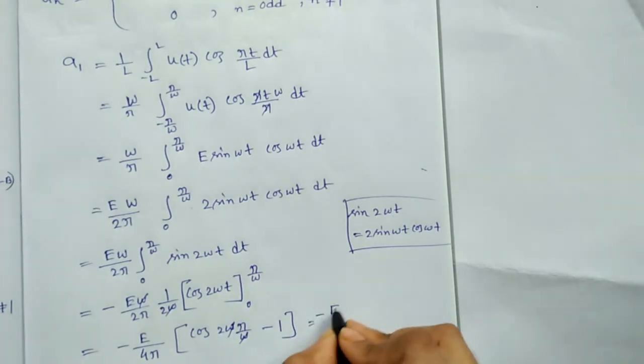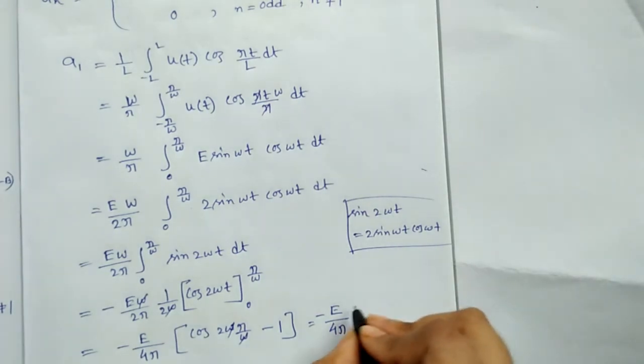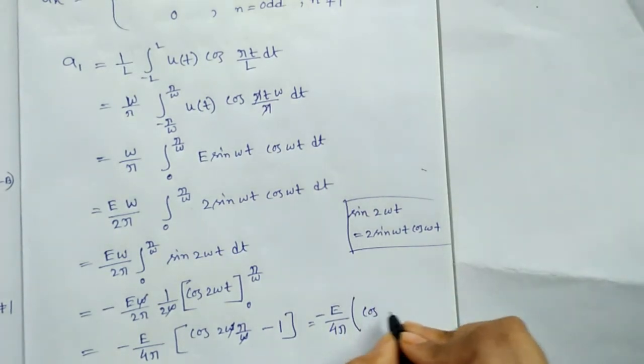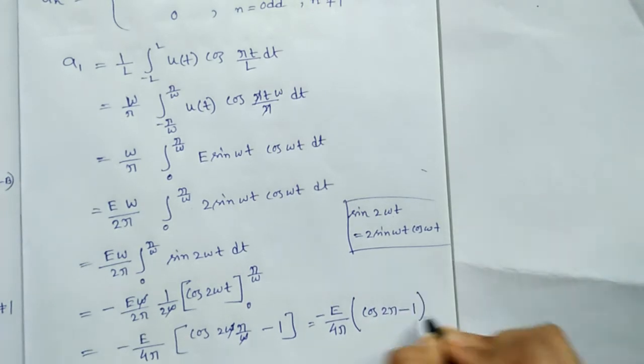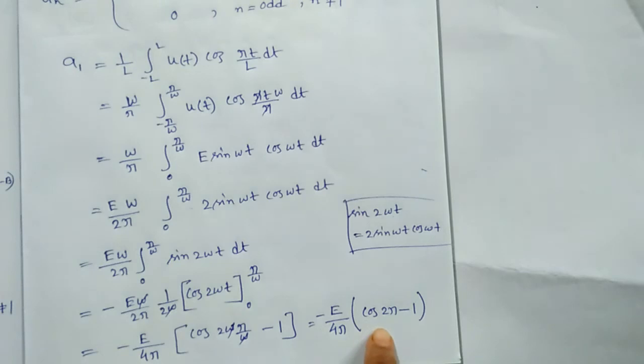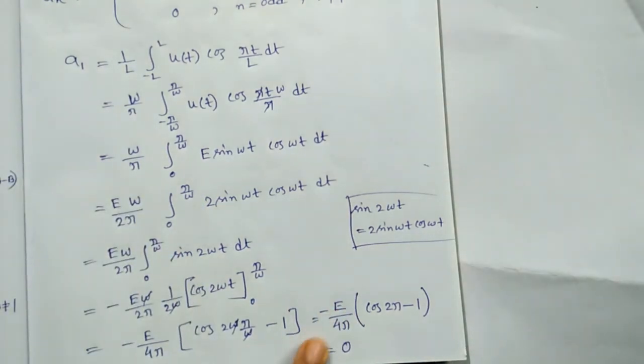So minus e by 4 pi, cos 2 pi minus 1, and cos 2 pi means 1, so this is equal to 0. So the value of a1 is 0.